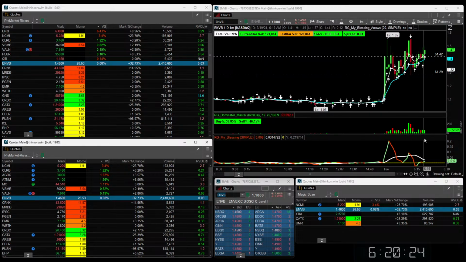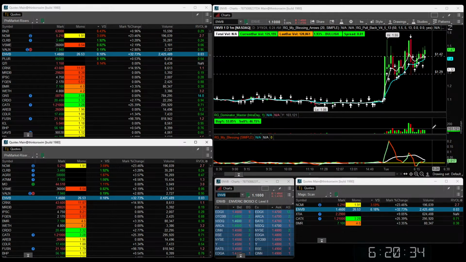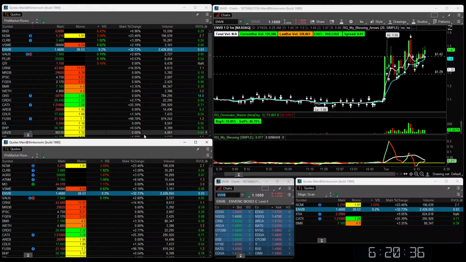I'm watching these dominator bars and the My Blessing indicator. A little bit too slow for me. If this was a good stock, they would all be buying it up instantly. Looks like we have a few buyers come in and then they sell and leave and come back in.